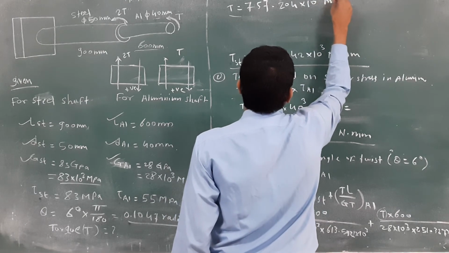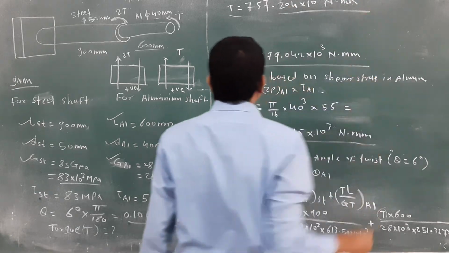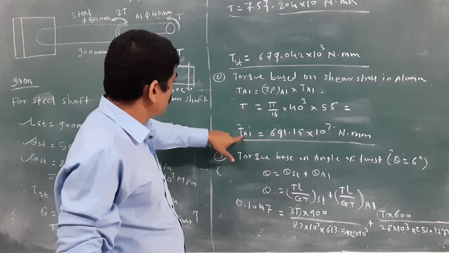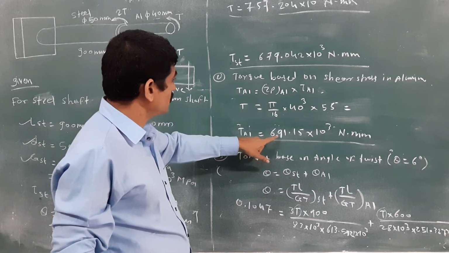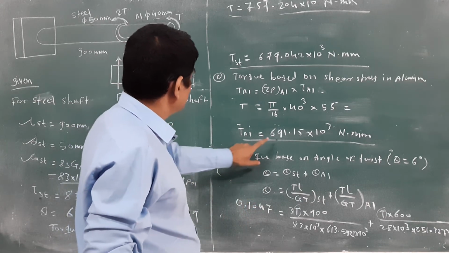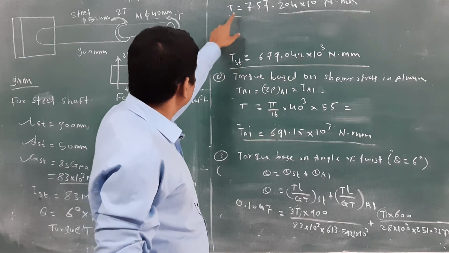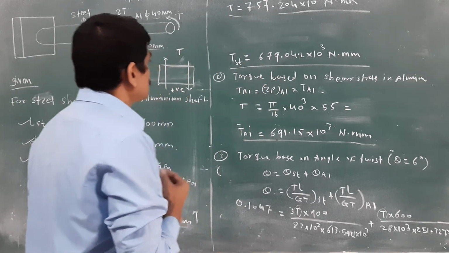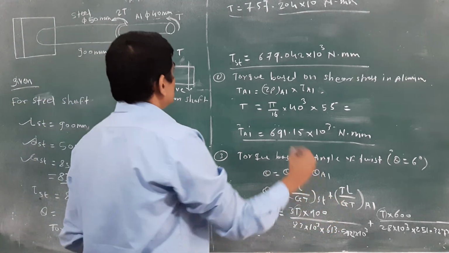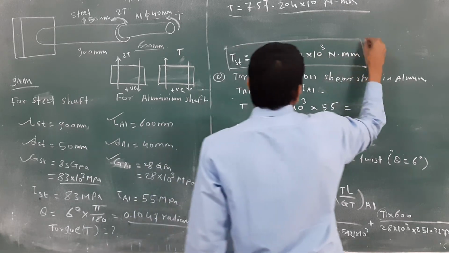This is in Newton mm. In the first step, we have the tau value 691, then the second value 679.042, and this is the third value 757. Which is the least value? Yes, the first one, 679.042. This is your answer.